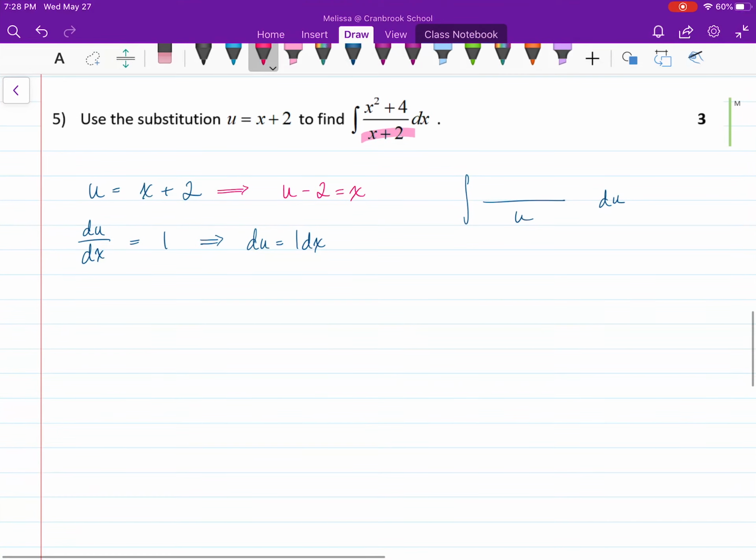So now replace the x with u minus 2, square it, plus 4.